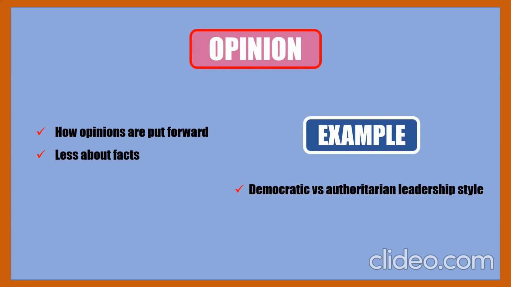And this opinion most of the time is based on the factual information that you have read from different sources. So the opinion should be based on factual information, but then your opinion has to be presented in a particular way. That is, you have to present your opinion with conviction. That means you believe in what you say and you're not going to deviate from your belief.